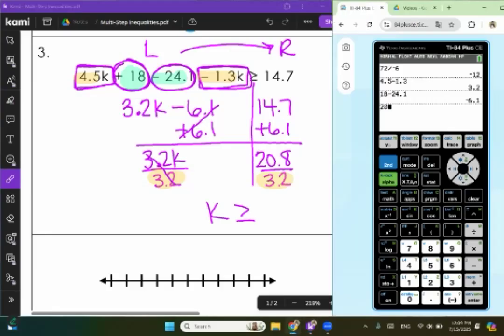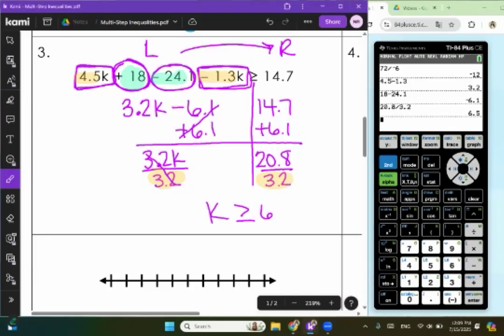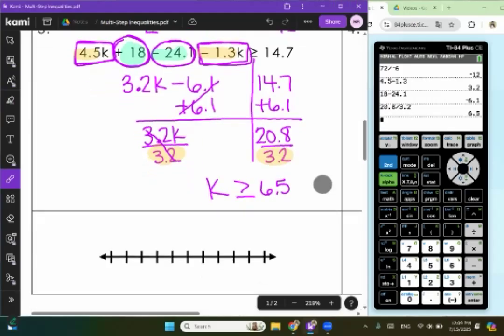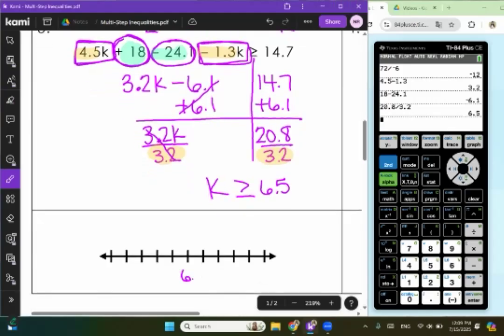Can't do that in my head. 20.8 divided by 3.2 is 6.5. So we put the 6.5 on the number line. Open or closed? This one's going to be closed, and we are going to shade it to the right.